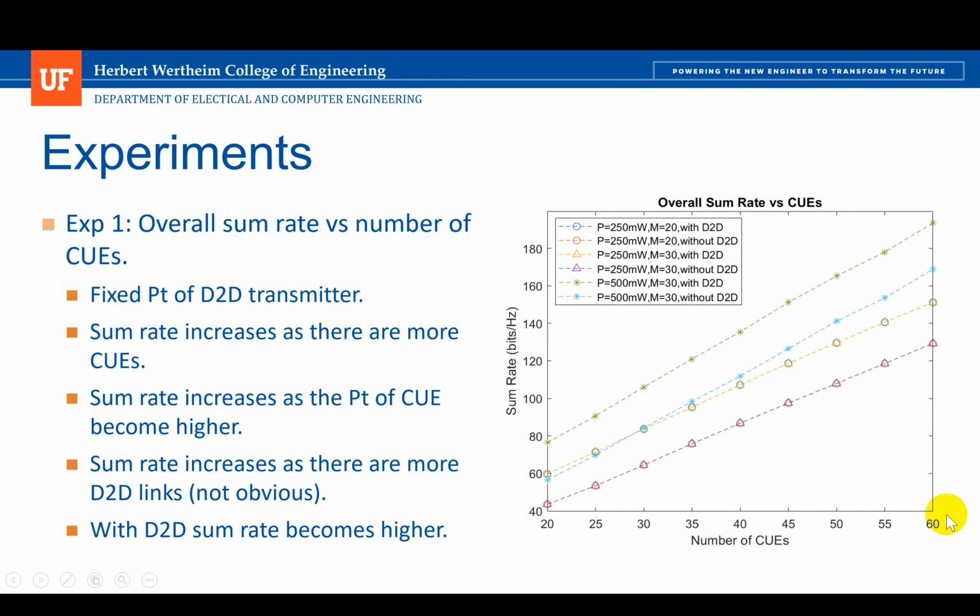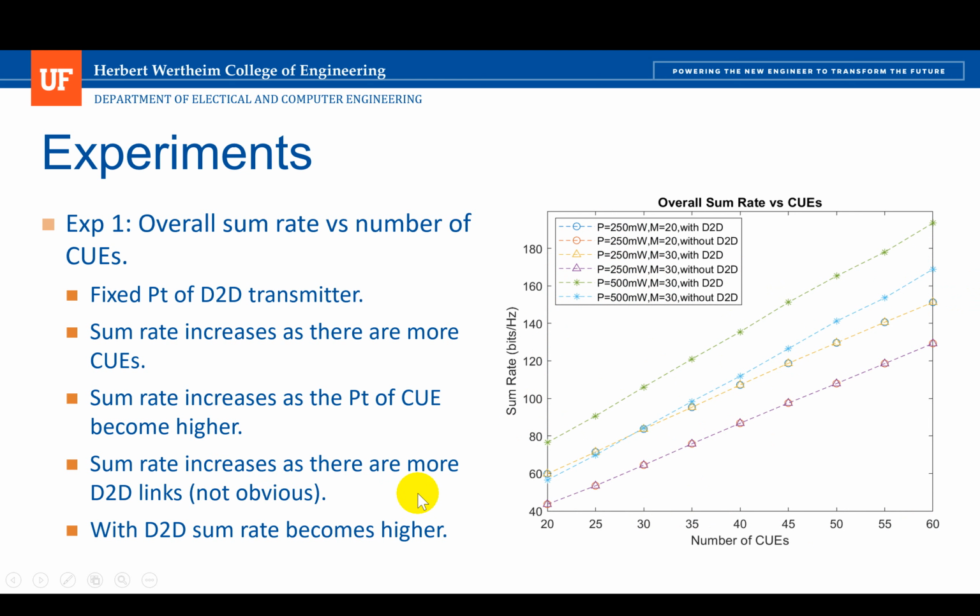That's normal. And the sum rate increases as the transmit power of the cellular user becomes higher. With 500 milliwatt, the sum rate is higher than with 250 milliwatt.